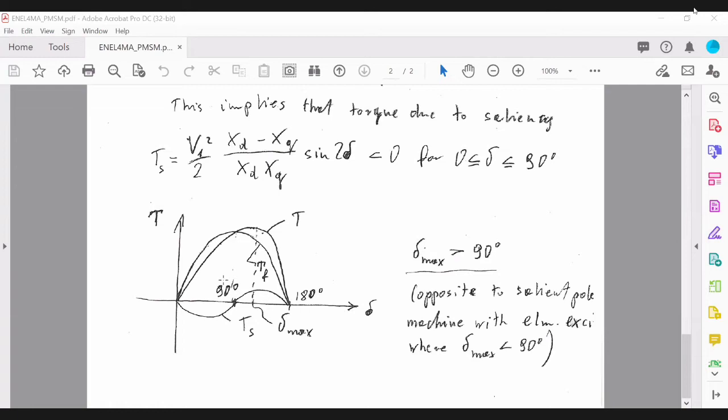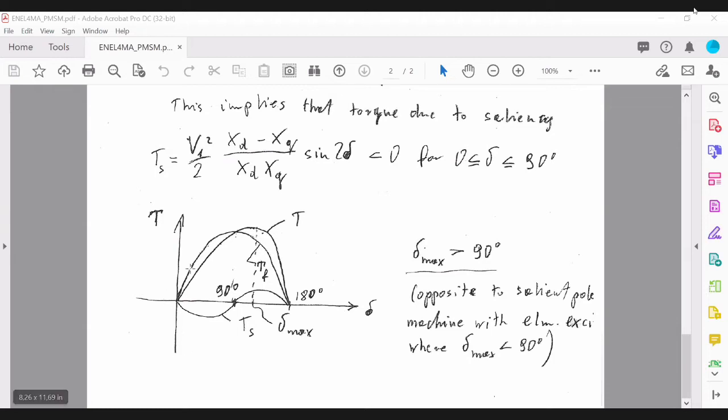In other words, you can see it starting in the negative region and then going into the positive region. So when you add this curve to the field excitation curve, the resulting curve is opposite to what we saw in the previous chapter.